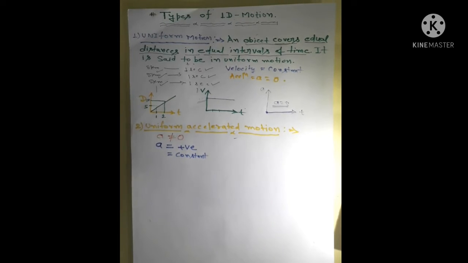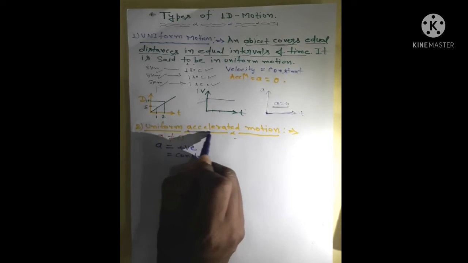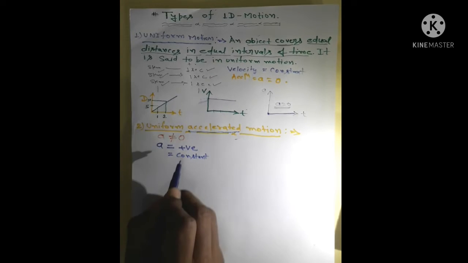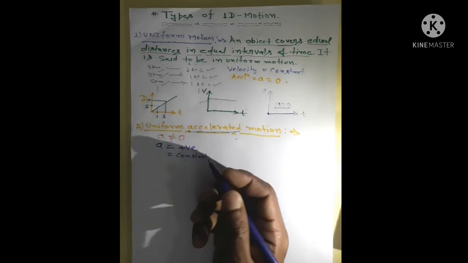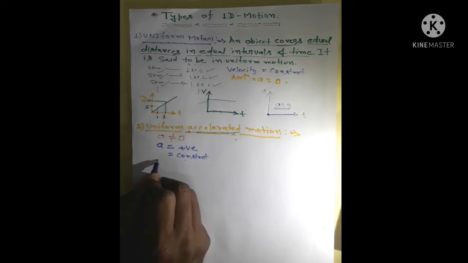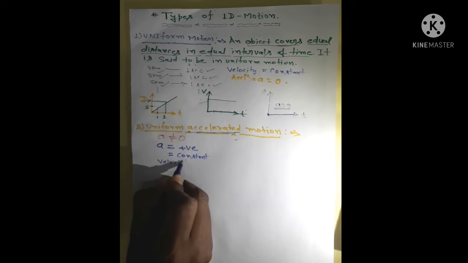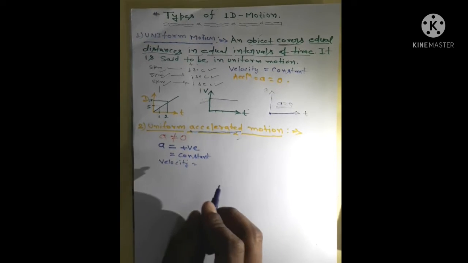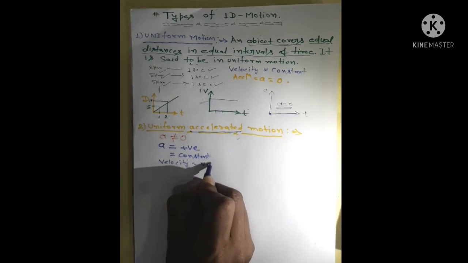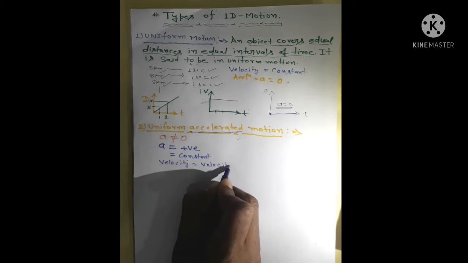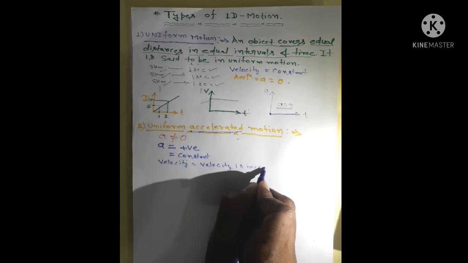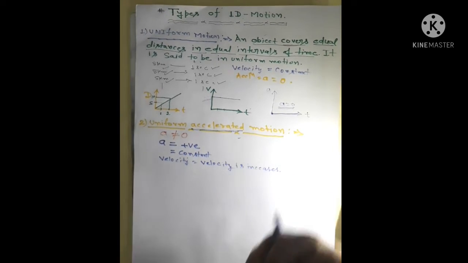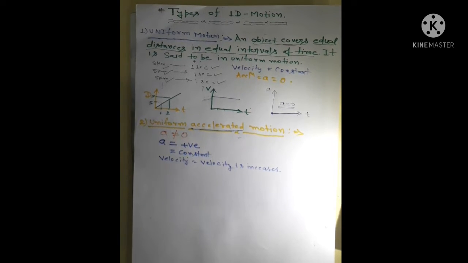In uniform accelerated motion, acceleration is positive and constant, not equal to 0, and velocity increases. This type of motion is called uniform accelerated motion.